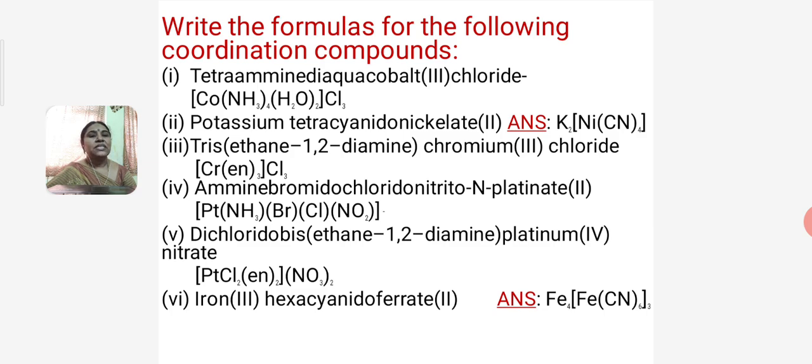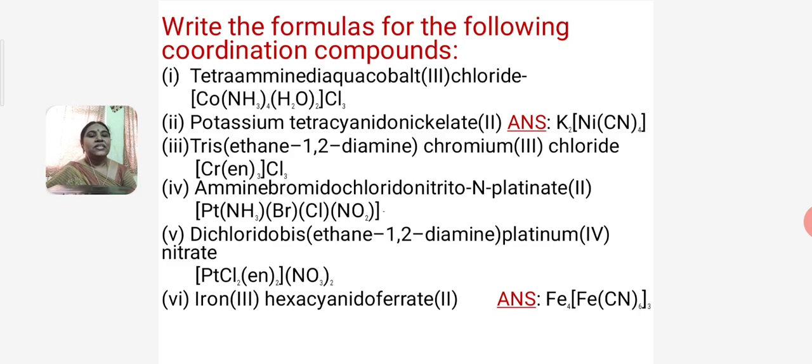And it is bis(ethane-1,2-diamine). So, two ligands of ethane-1,2-diamine are present. So, en taken twice, and remember such polydentate ligands are indicated in a bracket, okay, enclose them in a parenthesis followed by 2. And now close the bracket and follow it by the counter ion. Counter ion is nitrate.